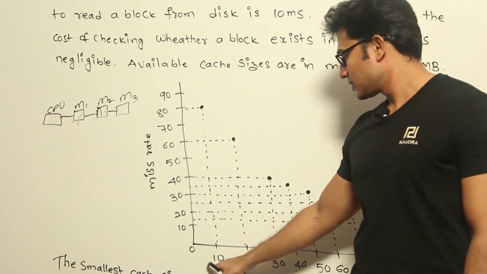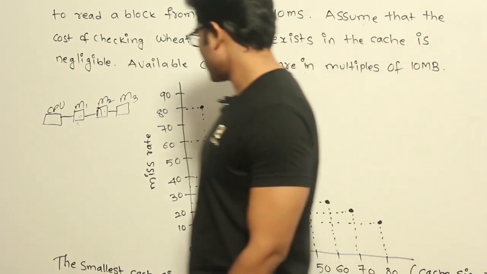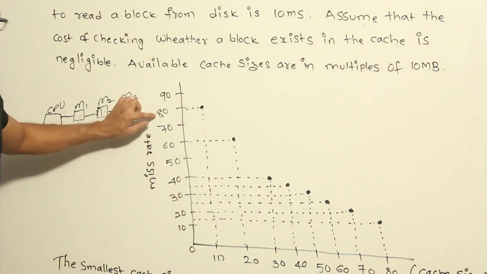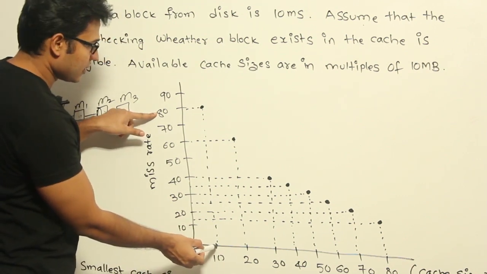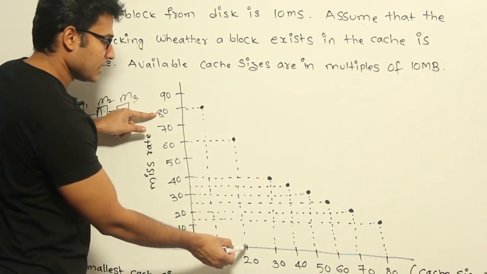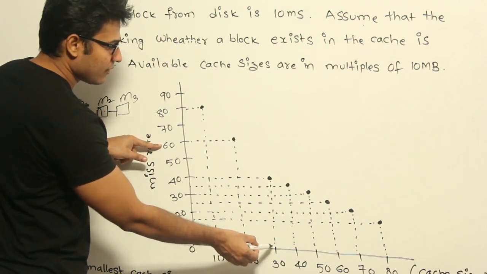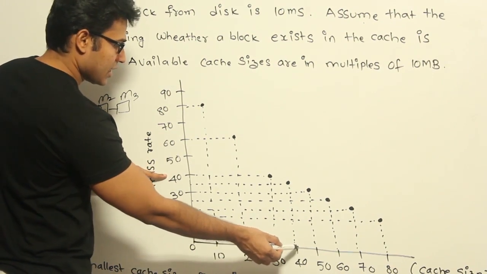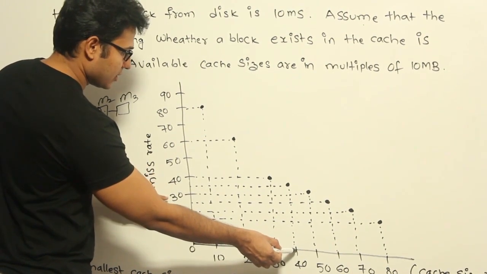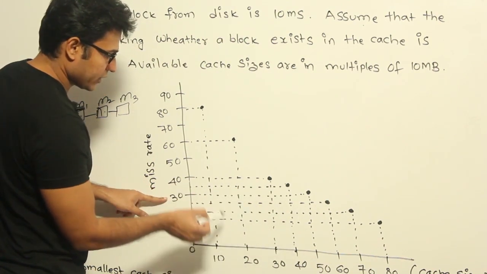If the cache size is 10 MB, then the miss rate is 80. If the cache size is 20 MB, then the miss rate is 60. If the cache size is 30 MB, then the miss rate is 40. If the cache size is 40 MB, the miss rate is I think 35, like that.